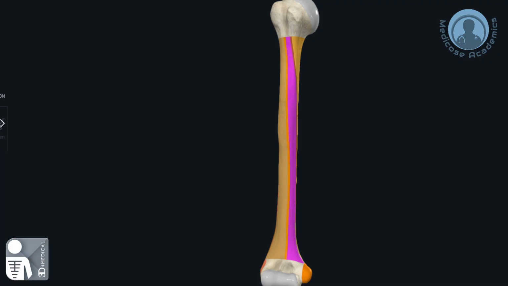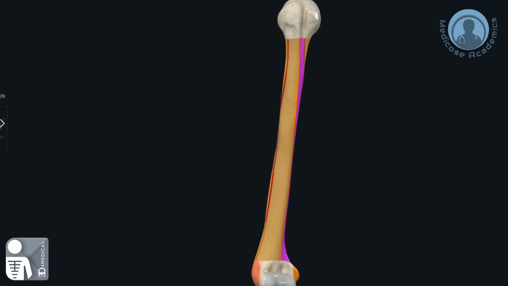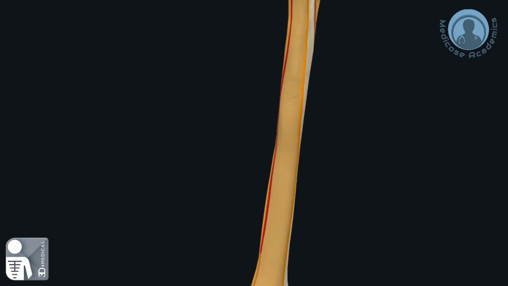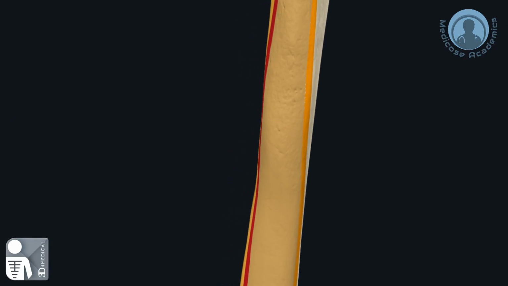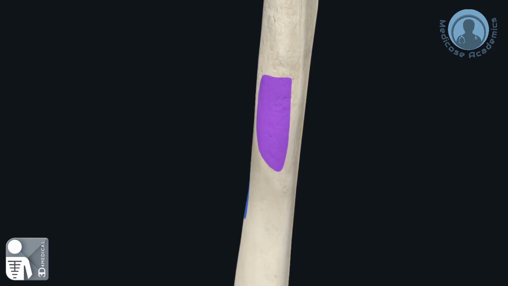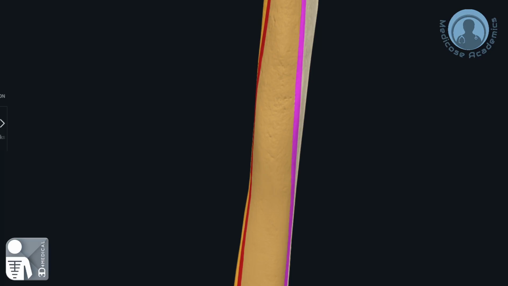Then between the anterior and the lateral borders, this is the anterolateral surface, and the one prominent thing about it is that in the middle you saw a tuberosity, the deltoid tuberosity, present on the anterolateral surface, with the anterior border passing anterior to it and the lateral border passing posterior to it.